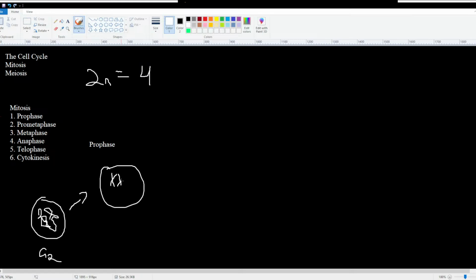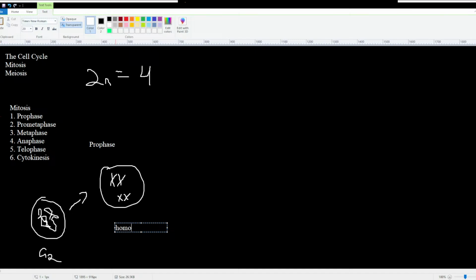Now they look like X's, right? So I want to note, look at this pair of chromosomes. They have the same size. And look at this pair of chromosomes. They also have the same size. So this is where homologous chromosomes come into play.